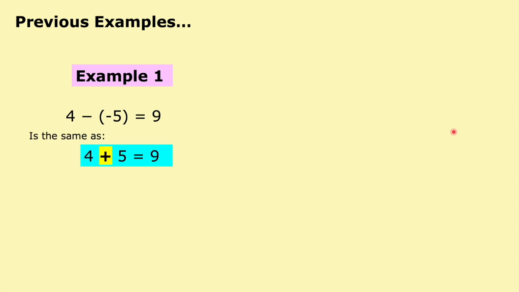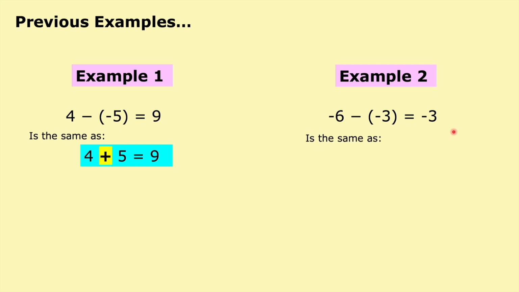So going back to the previous 2 examples that we've looked at, in example 1, I did 4 subtract negative 5 equals 9, but notice that that is the same as 4 add 5 equals 9. And then example 2, I had negative 6 subtract negative 3 equals negative 3, but that again is the same as negative 6 add 3 also equals negative 3.